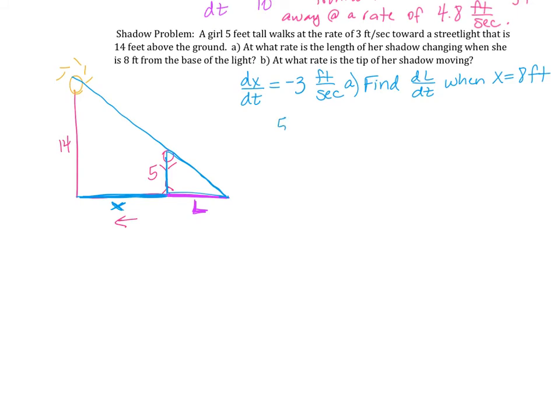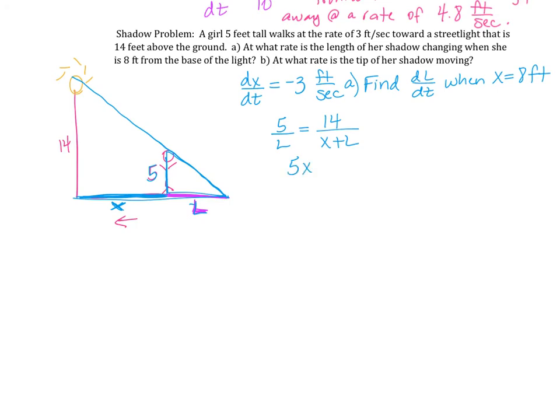Couldn't you say that 5 over L is equal to 14 over, look at the big triangle, over what? Now be careful, it's this whole side, so x plus L. Now I want to take the derivative. Am I going to do it in that line? I wouldn't. I would clean it up.